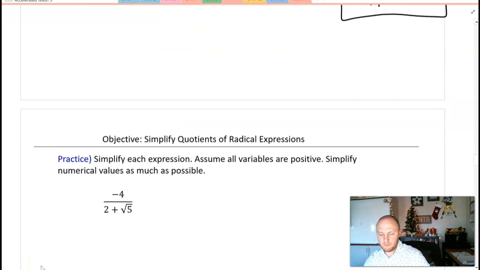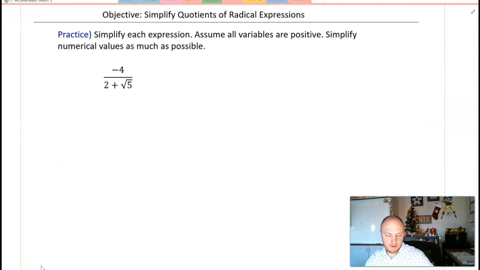All right, time for a practice problem. So here you go. Here is a practice problem. Please pause the video, give this one a go, and check your answers after. Okay, so hopefully you went ahead and paused the video.